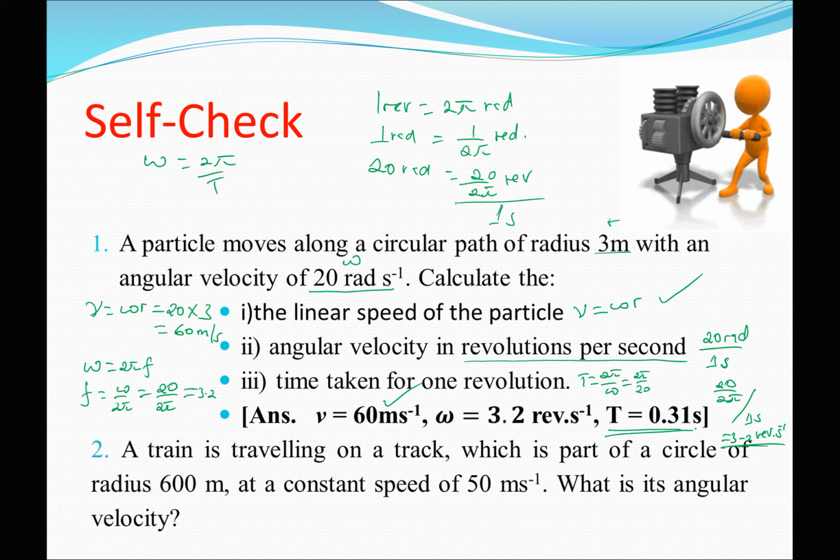A train is traveling on a track which is part of a circle of radius 600 meters at a constant speed of 50. What is the angular velocity? So we know that v equals omega times r, which means our angular velocity is going to be v divided by r, which will be 50 divided by 600.